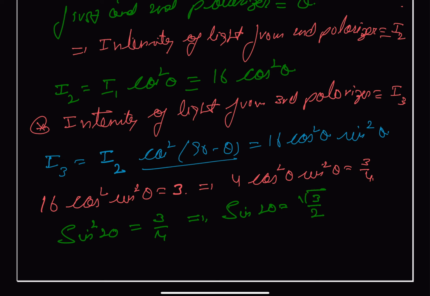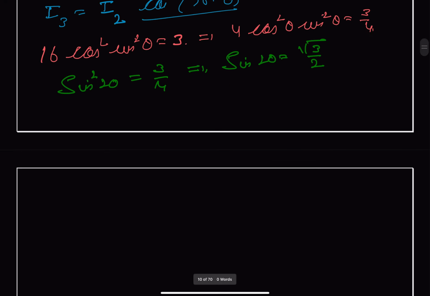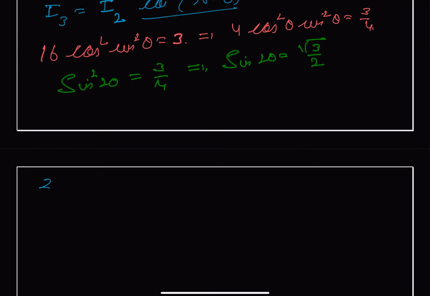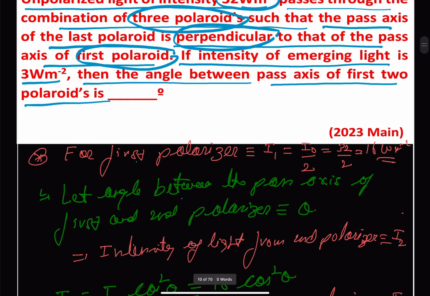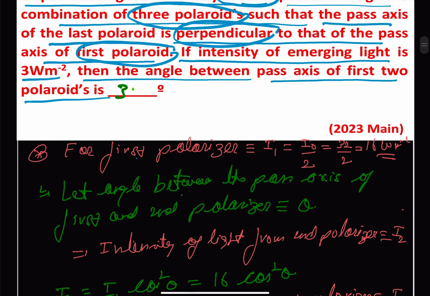Now 2 theta will be sin inverse of root 3 by 2, which will be 60 degree. Therefore theta will be coming as 30 degree. So the answer for that is 30 degree.